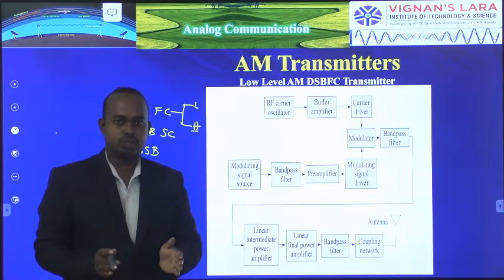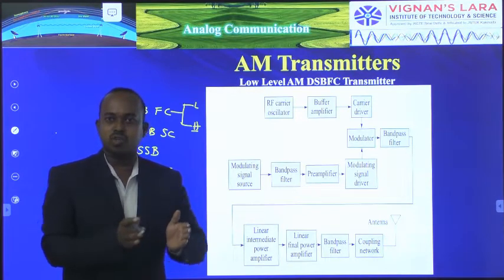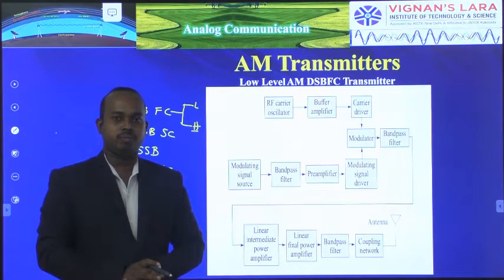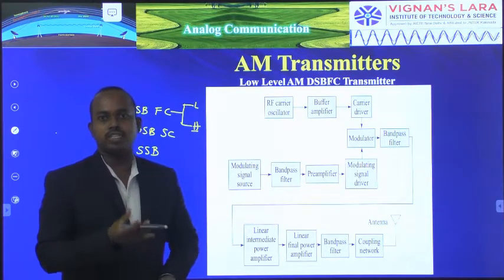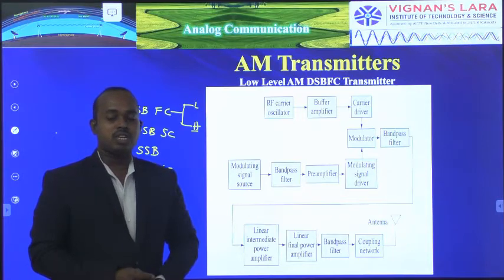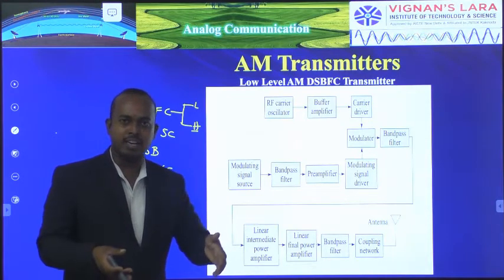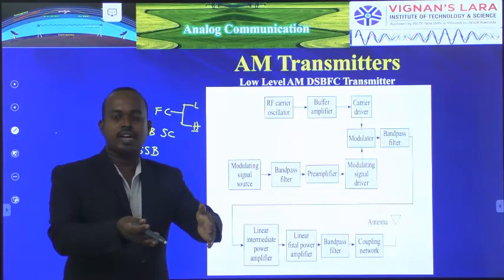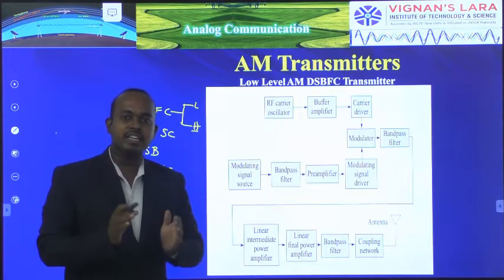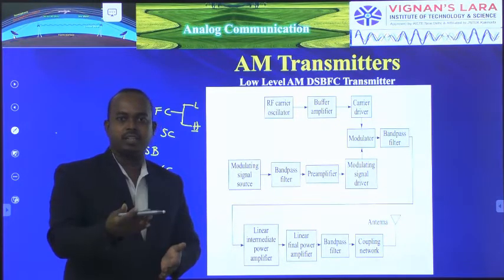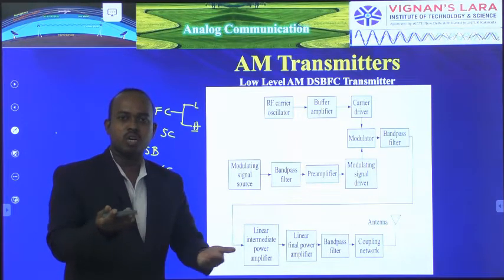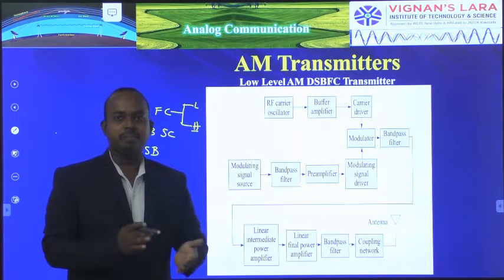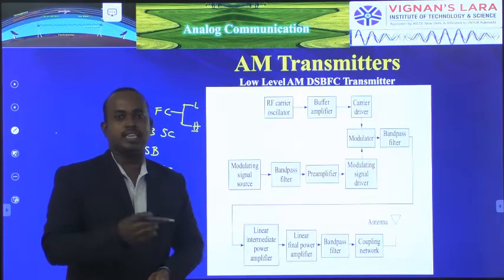In this process, only the characteristics of the carrier change in accordance with the instantaneous values of the modulating signal. The generated modulated signal is given to an antenna. The antenna radiates the signal into the atmosphere or whatever medium is used.